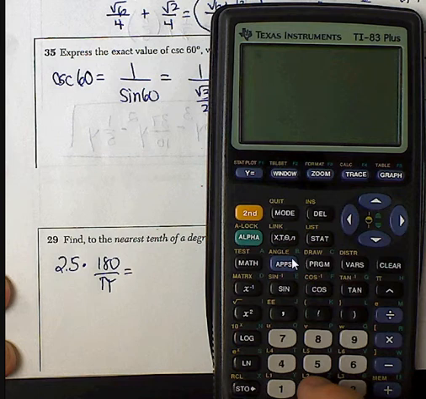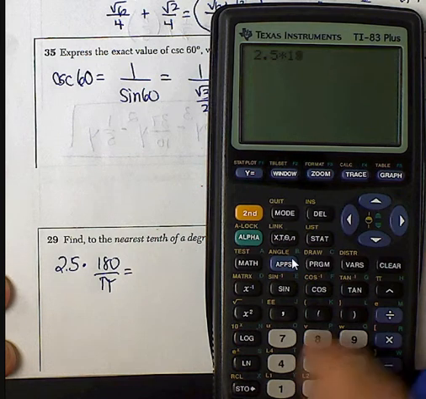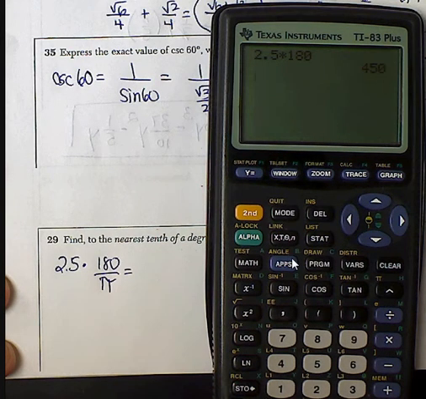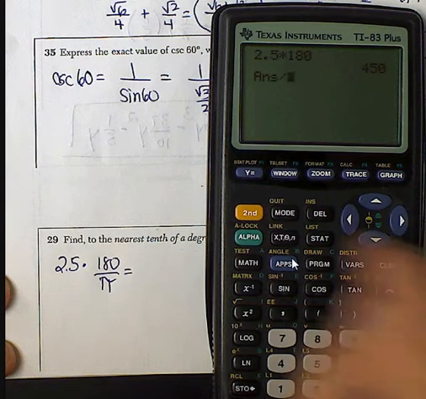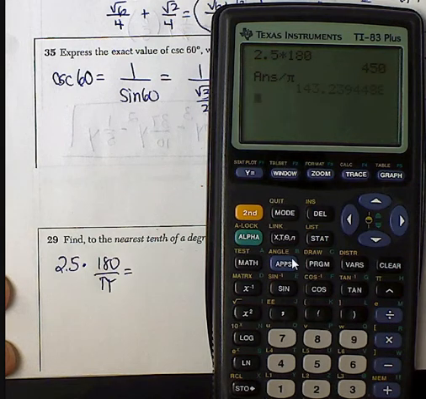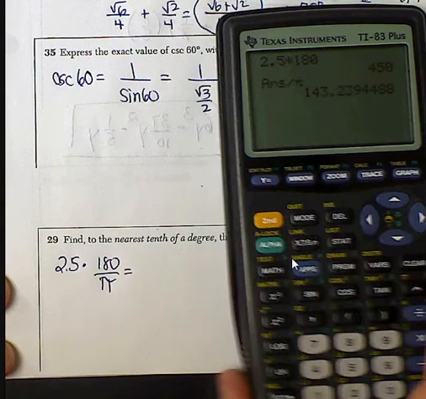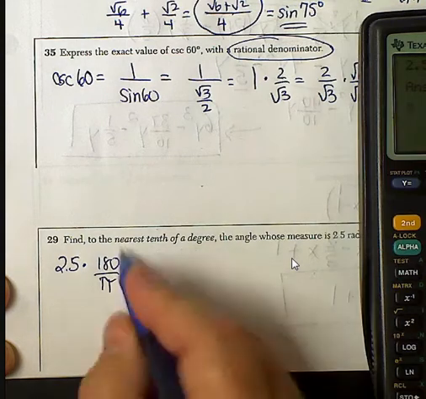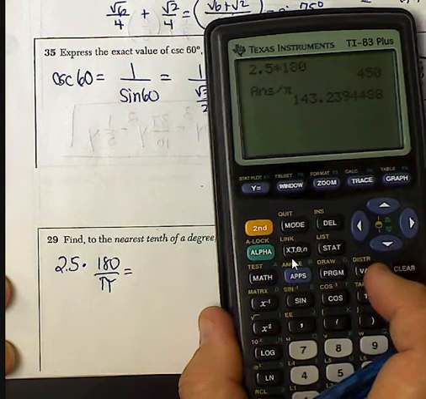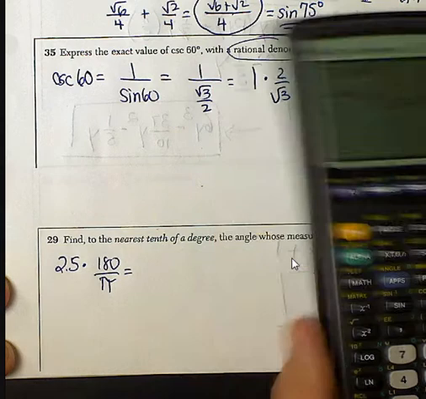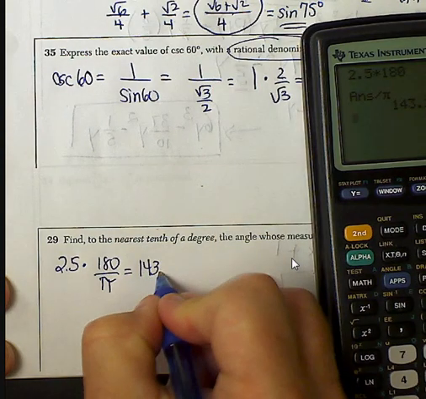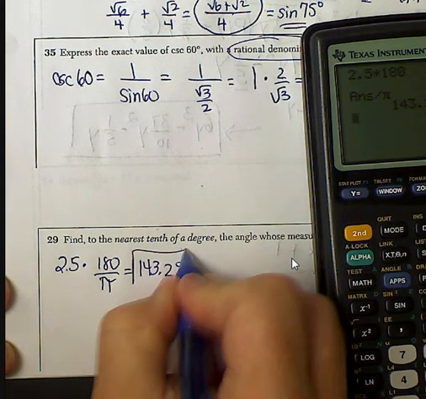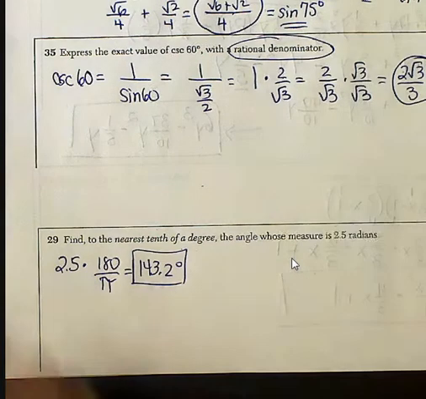So we're going to go 2.5 times 180, and we're going to get 450, and then we're going to divide that by pi, and we get 143.23. They want to the nearest tenth of a degree, so 143.23 becomes 143.2 degrees. And that concludes worksheet number 2.